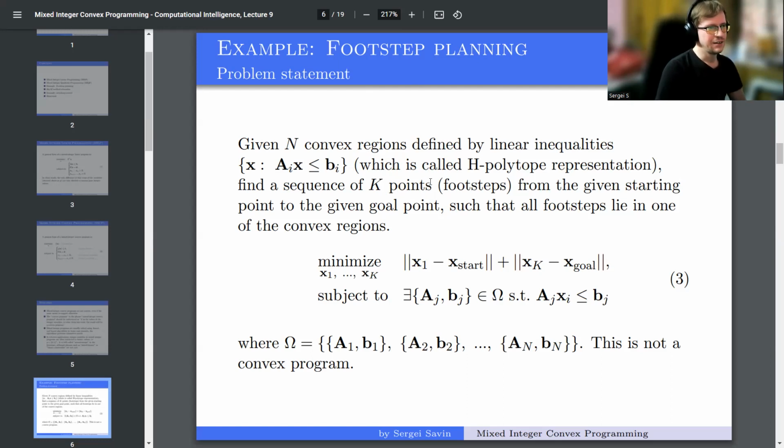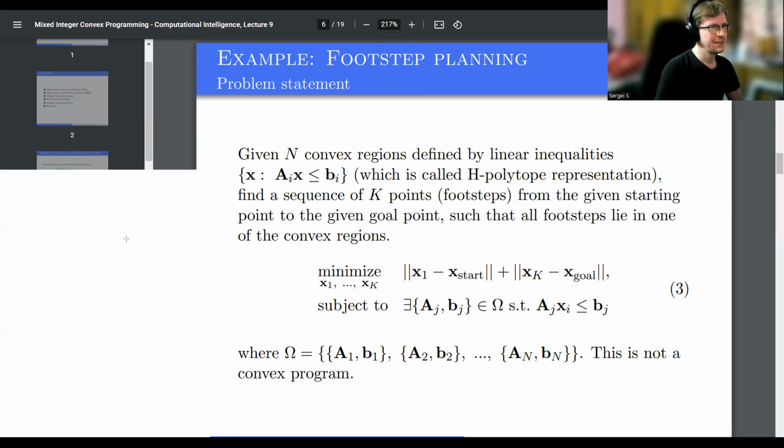All right. Let me try to use Zoom again to illustrate what we are talking about here. So we have regions. This is, let's say, one region. I guess let me do colored regions.